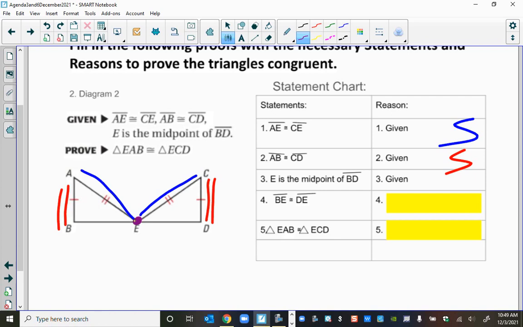Okay, well, you could say that, but if this is the midpoint, what do we definitely know about the distance from B to E and the distance from E to D? They're going to be congruent, that's right. That's a midpoint right there, ladies and gentlemen. Boom. That's because that's a midpoint. Yeah, that's like midpoint.